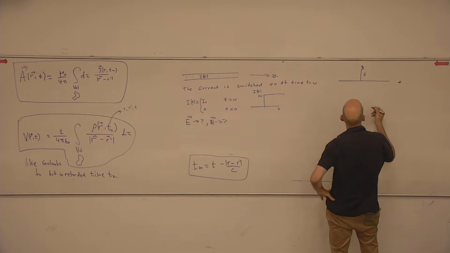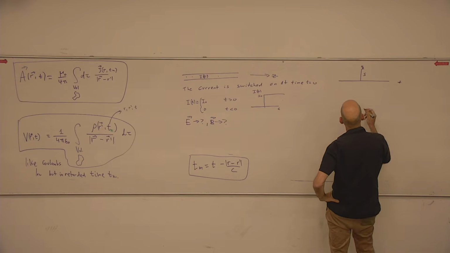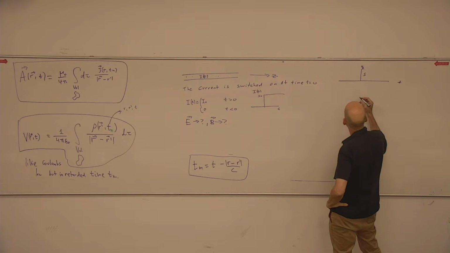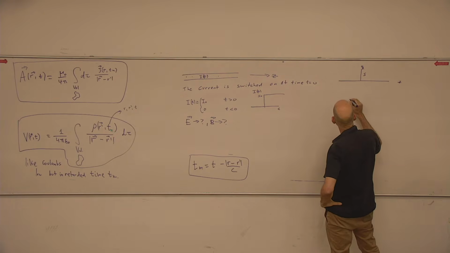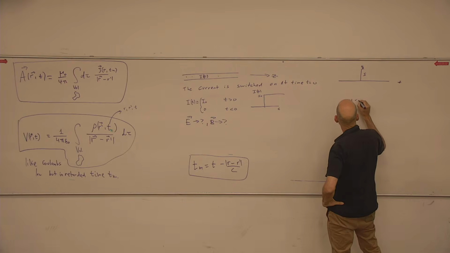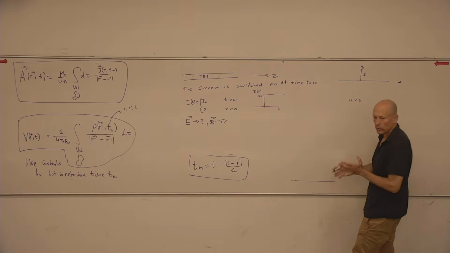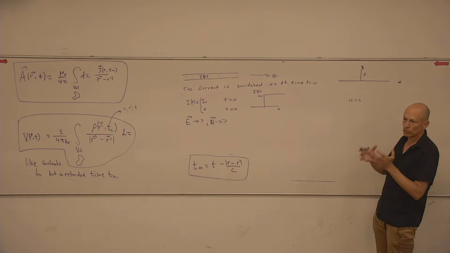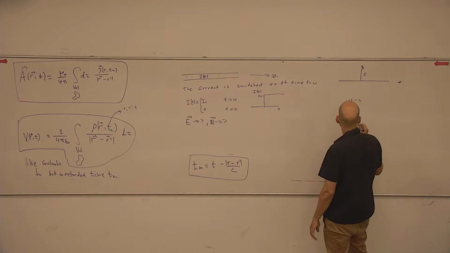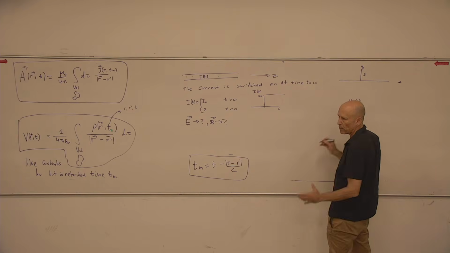Okay, so now what will happen, just physically? Let's say that ct is smaller than s. Remember, we turned on the current at time t equals 0. So if ct is less than s, what will happen?